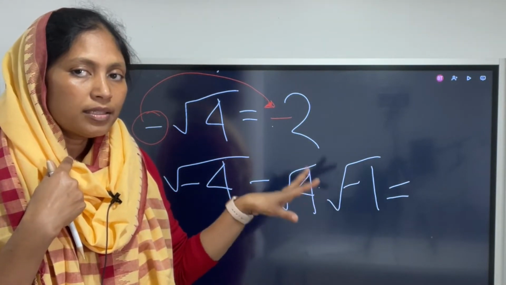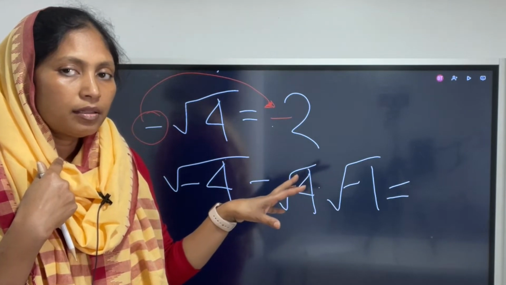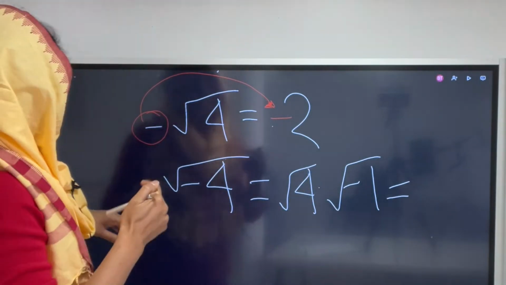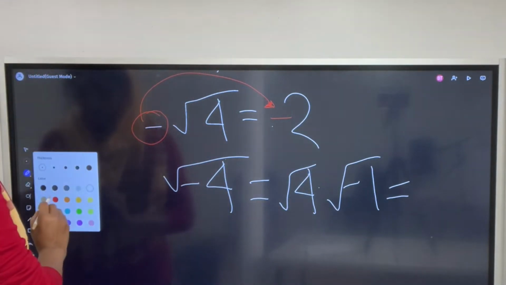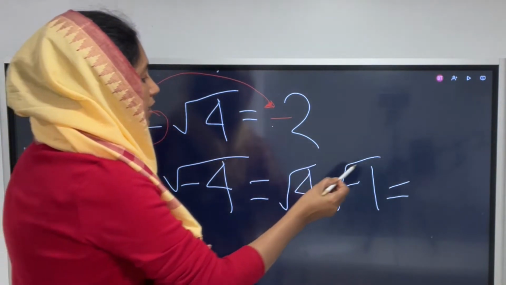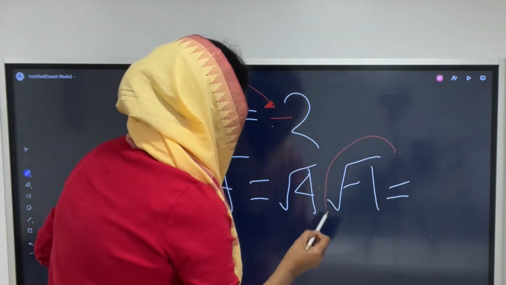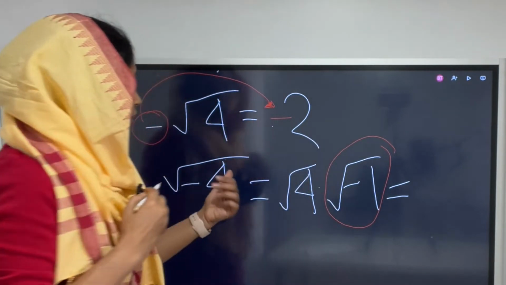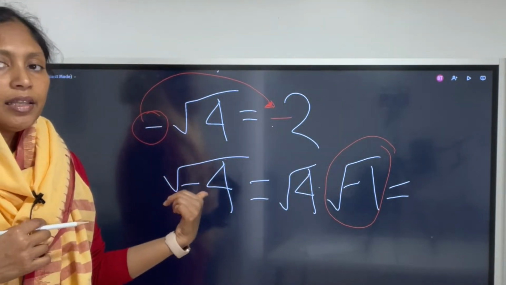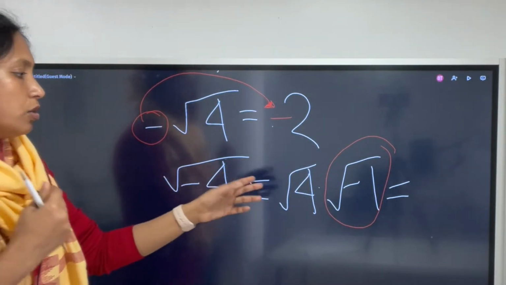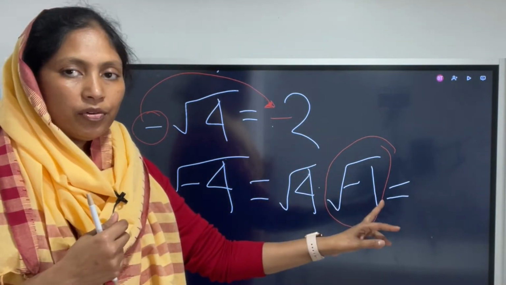That's the rule, that's the imaginary number, and the symbol is i. This is the only thing you need to always keep in mind when you see a negative sign inside the square root, nothing else.